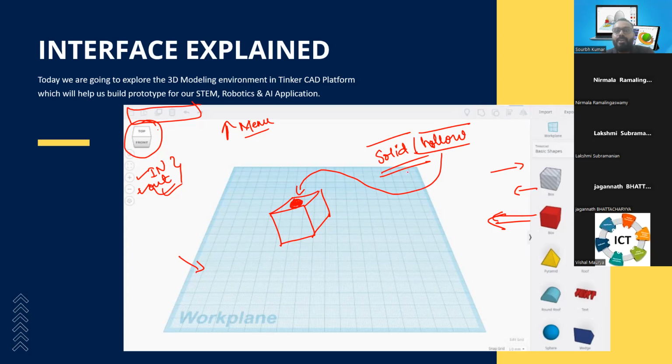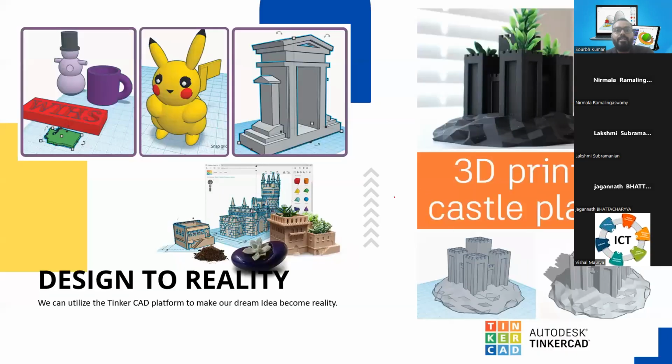So this is how we can go through the basics of TinkerCAD, and in a minute I will show you how to go for TinkerCAD and other stuff. In the meantime, we can utilize 3D printing and the TinkerCAD platform to design many things, as we think of using the TinkerCAD platform. There is no limitation on that. You can see the high quality designs created by several designers around the world. And also on the right hand side, you can see a 3D printed castle planter.